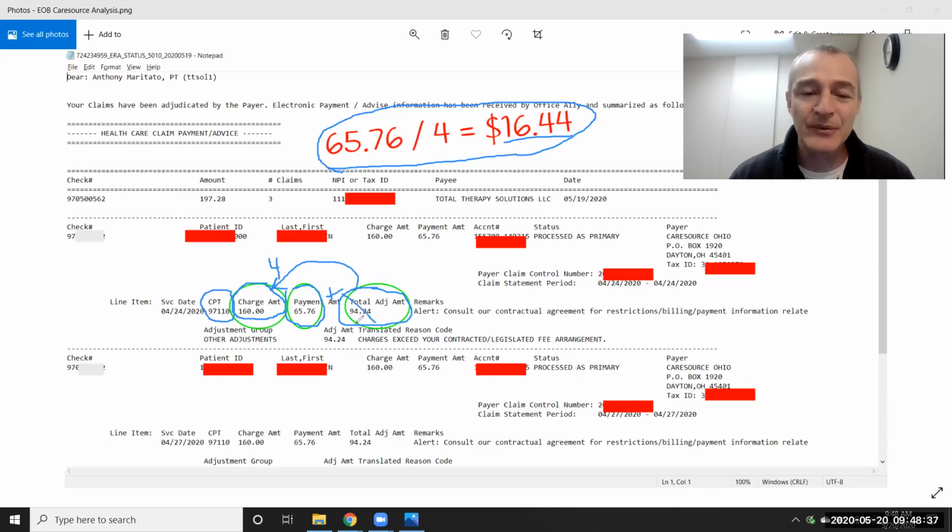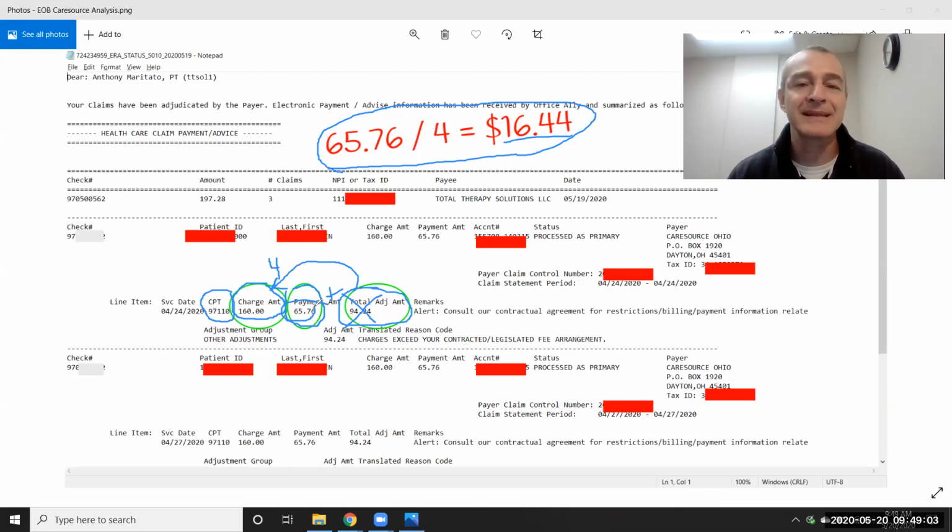Now the $94.24, that is not money that can be collected anywhere else. With this particular Medicaid-based plan, we cannot bill the patient. The patient does not have a copay or coinsurance. There is no deductible charge. So it's a zero balance being forwarded to the patient. The $65.76 represents payment in full for this particular date of service.